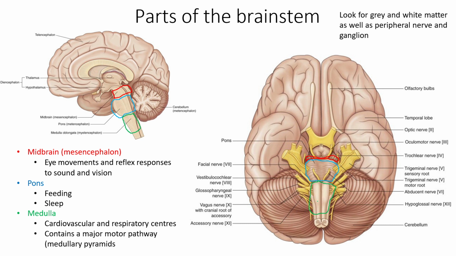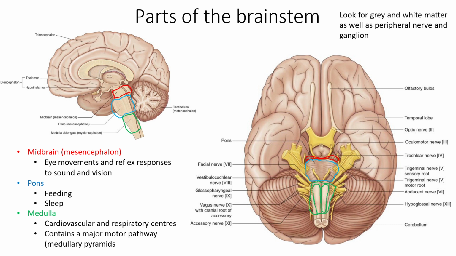One additional and important feature of the medulla are these two swellings sitting on the ventral aspect of this region of the brainstem, known as the medullary pyramids. Now, when we do the motor system, we're going to do a lot more on the pyramids, but suffice it to say that these are the major descending motor pathway in humans, and damage to this pathway can result in features like a stroke, for example.